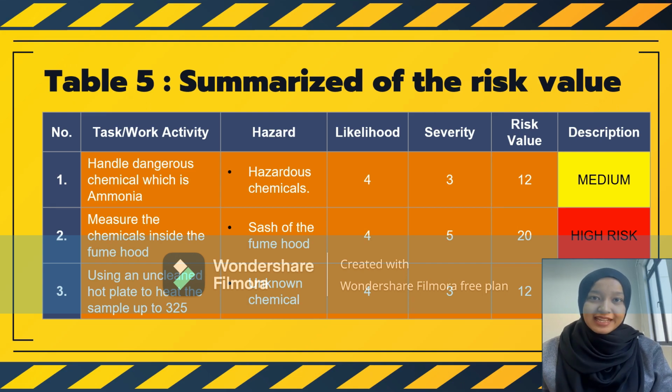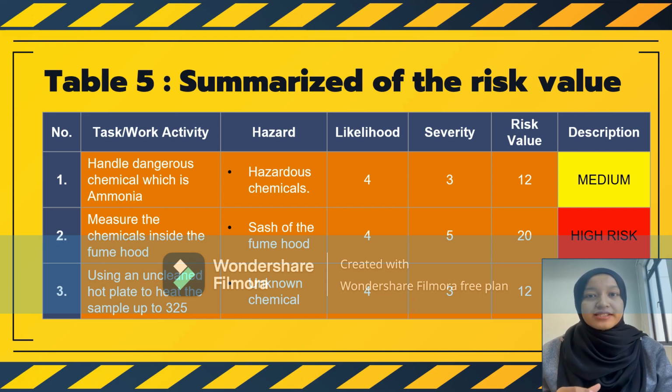Okay, for the next slide, I will explain table 5, which is a summary of the risk values. Based on this table, I can give an activity for each classification of risk level. Okay, for the first activity, which is handling dangerous chemicals, ammonia has a risk value of 12, which is categorized as a medium risk value.